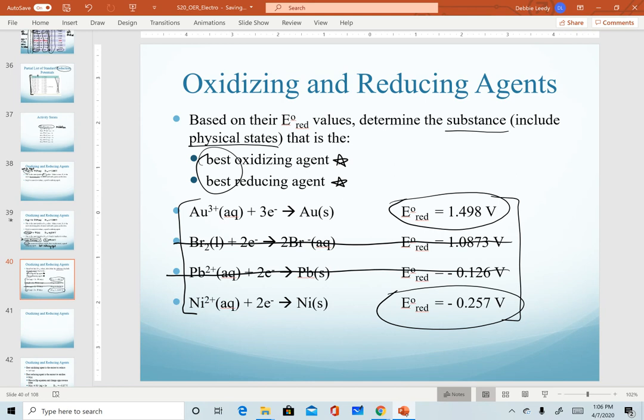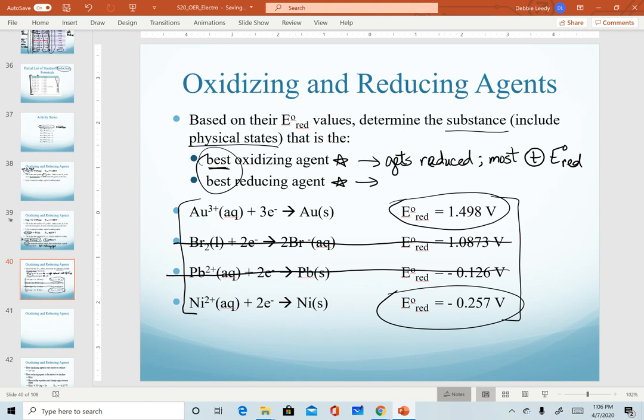The other thing I want to do is remind myself, if I'm looking for the best oxidizing agent, remember that that's the substance that gets reduced. If I'm looking for the one that's the easiest to reduce to determine the best oxidizing agent, I want the most positive reduction potential.